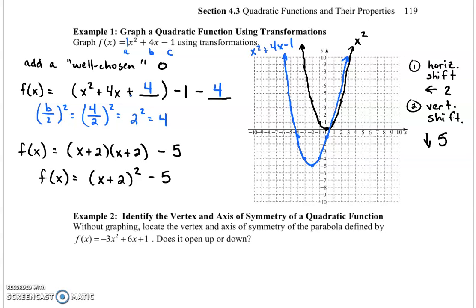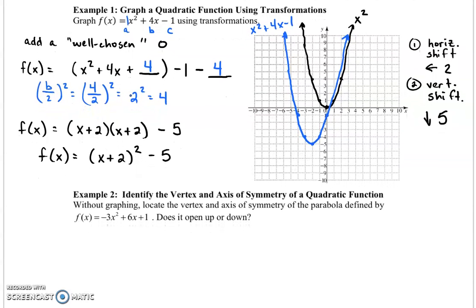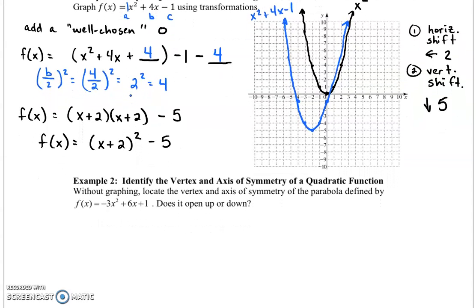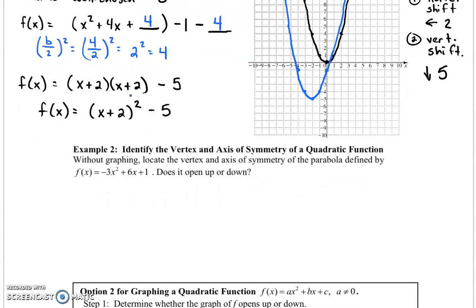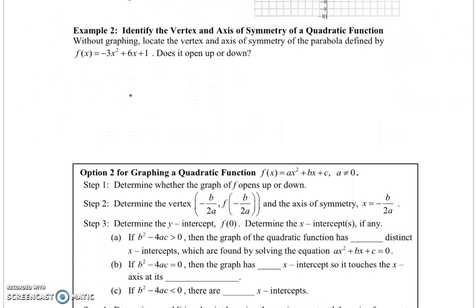Now, how do we find the vertex and the axis of symmetry without ever graphing? Well, that's easy enough.